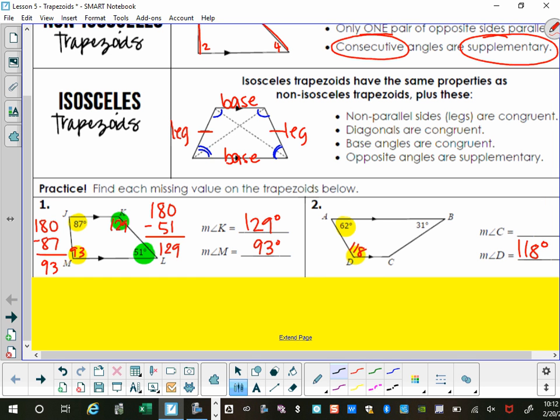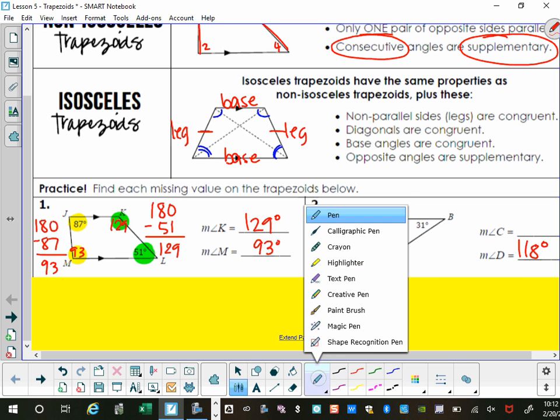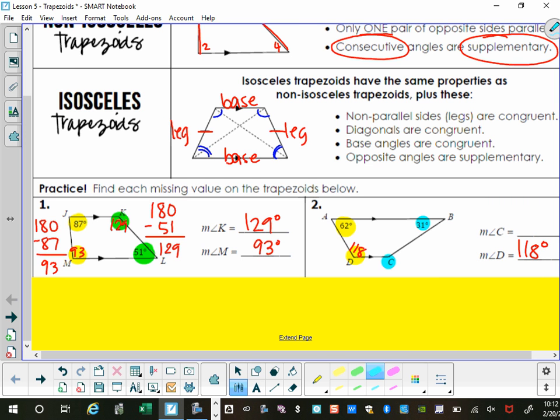All right, and how can I find the measure of angle C? 180 minus 31, which leaves me 149. Easy enough? If we were to add up all of these angles inside of our trapezoid, there's 4 sides, it would equal 360, because we know that the interior angles of a quadrilateral add to 360 degrees.